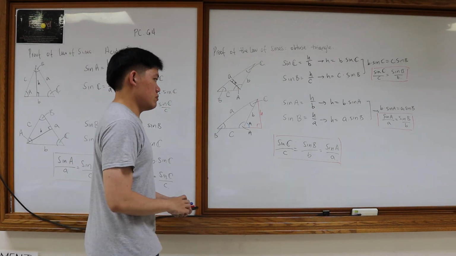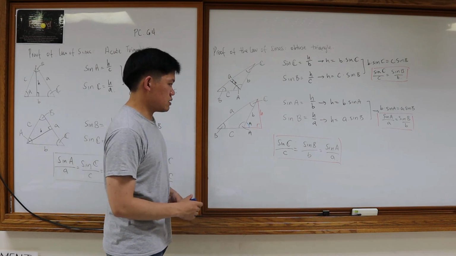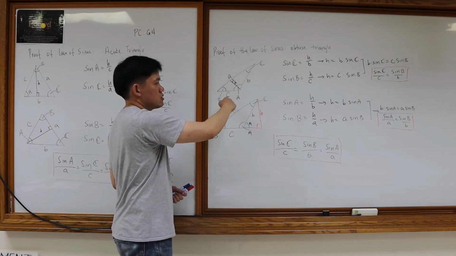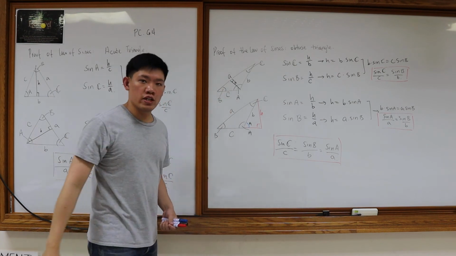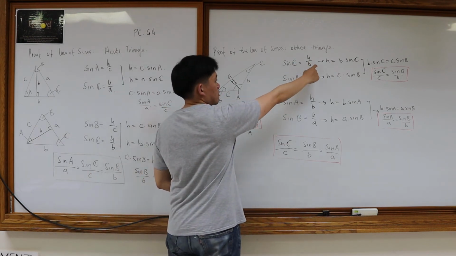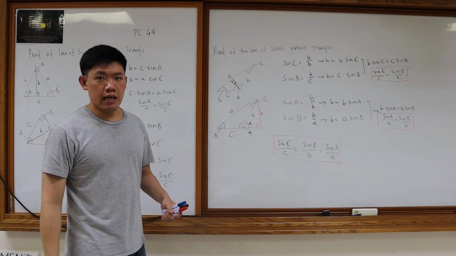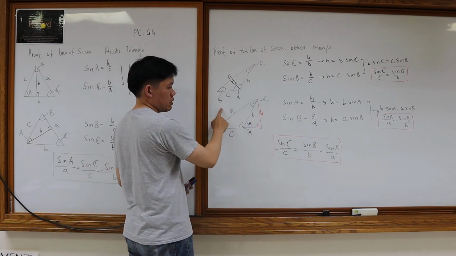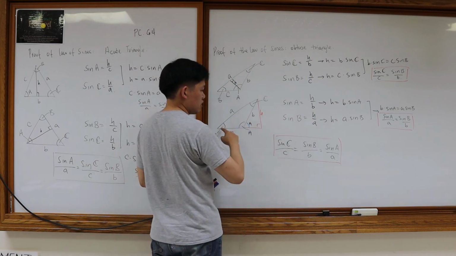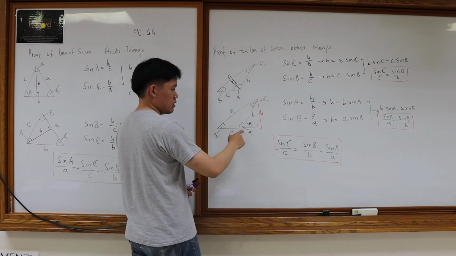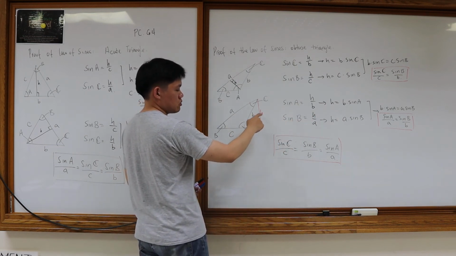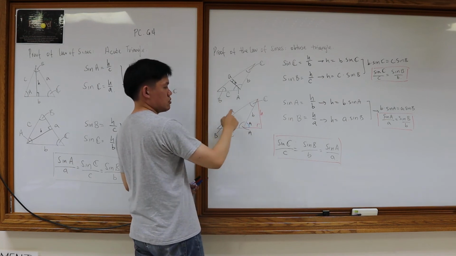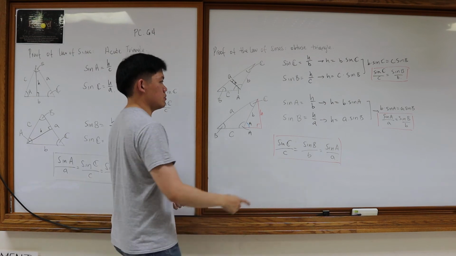If you get stuck on how you do this, just make sure the way you draw your line is right across. The height will always be on the numerator, and my side will always be the denominator, so opposite over hypotenuse. In that case, sine of B is equal to h over a, and sine of A is equal to h over b.